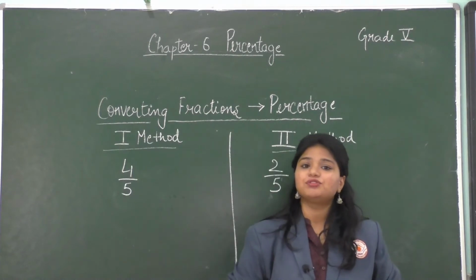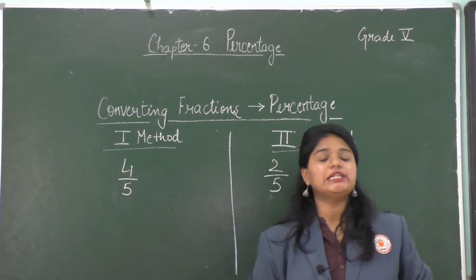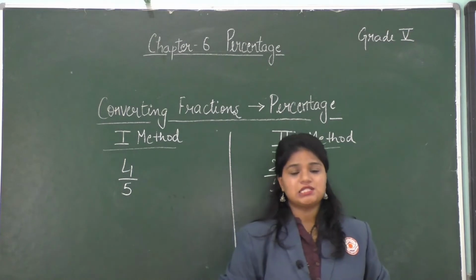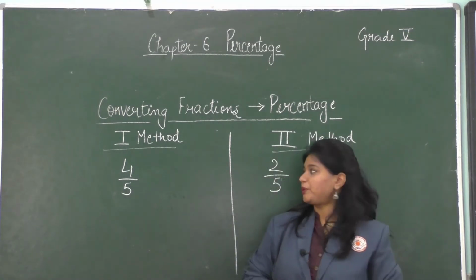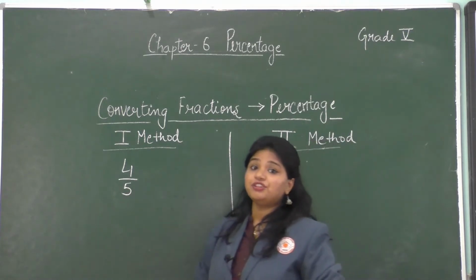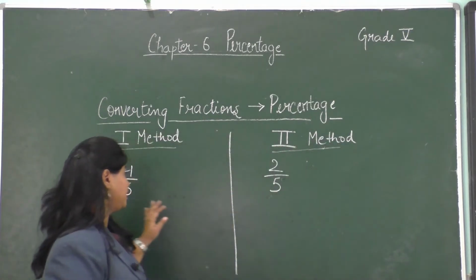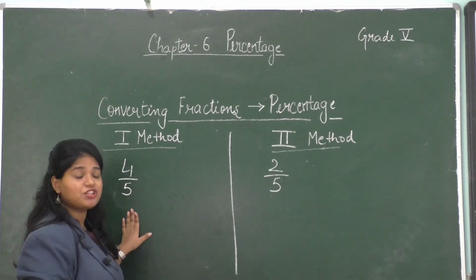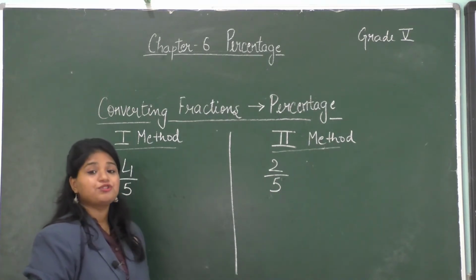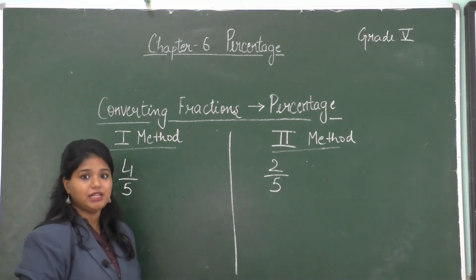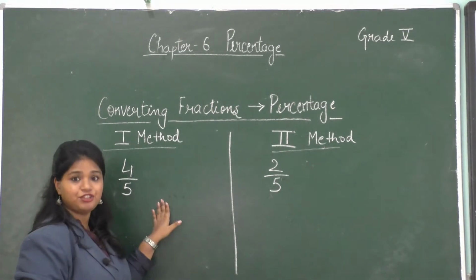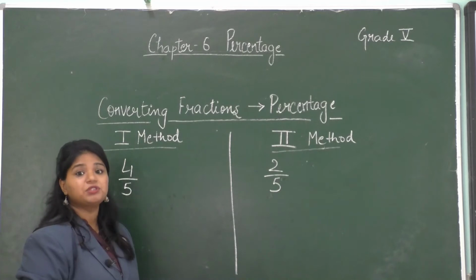Now let's learn how to convert fractions with the denominator other than 100 into percentage. To solve it we have two methods. Let's learn the first method. Here I have the fraction 4 by 5 and the denominator is 5, which is not equal to 100. So I need to convert the denominator into 100. For doing that I have to make an equivalent fraction with the denominator equal to 100.